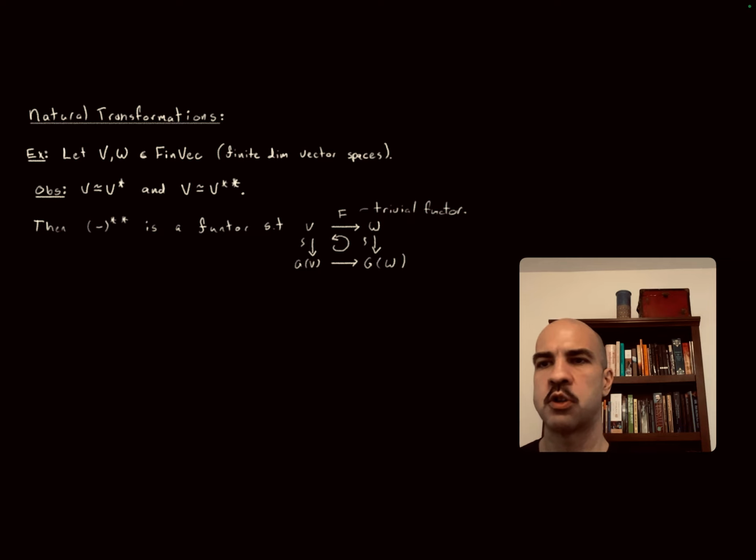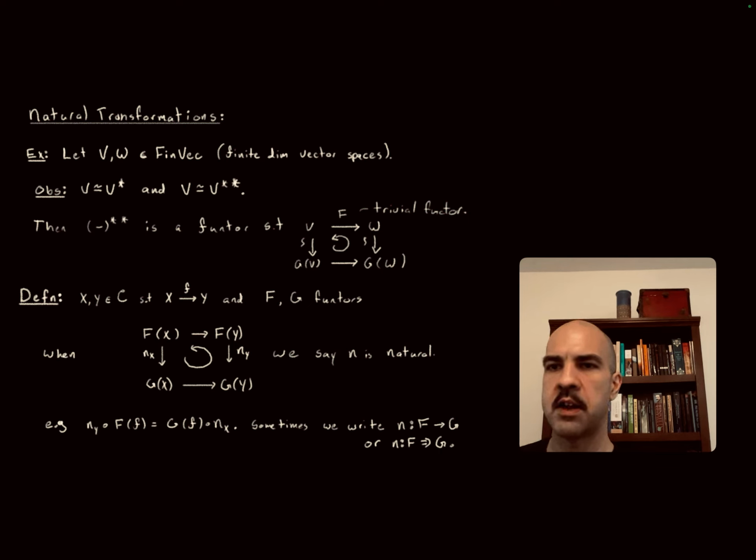So if we write this in terms of the dual functor, F, this trivial functor, takes V to W, and these are both naturally isomorphic to the functor of the dual applied twice to these vector spaces. And the fact that this whole diagram commutes means that this is a natural transformation.